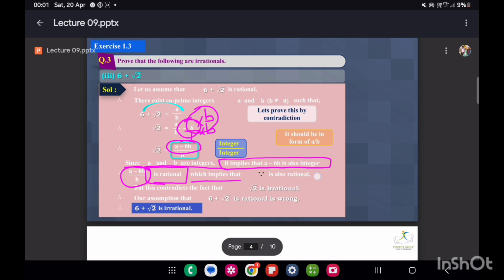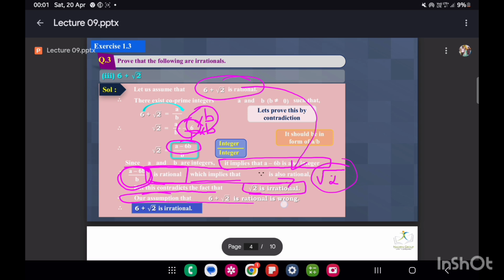Already we know that root 2 is irrational, but we have taken that as rational. So a minus 6b over b is also rational. This contradicts the fact that root 2 is irrational.